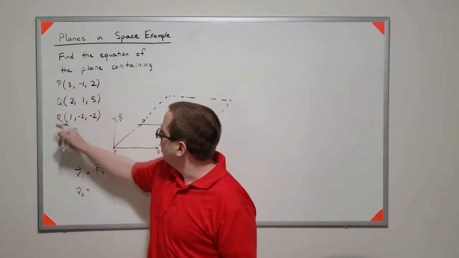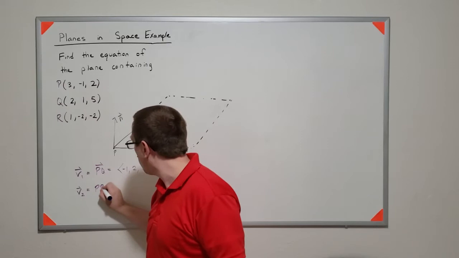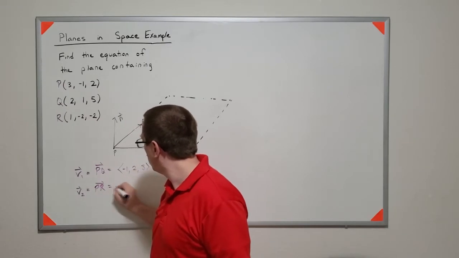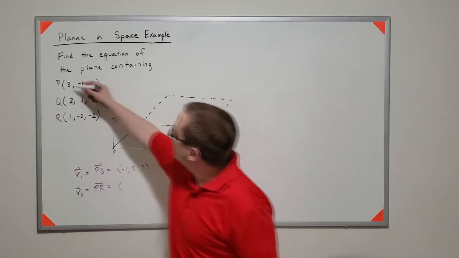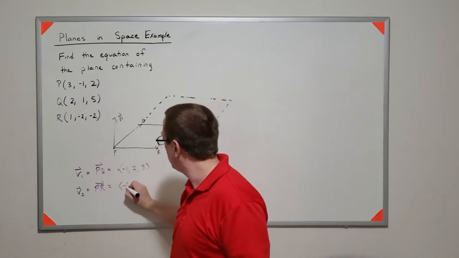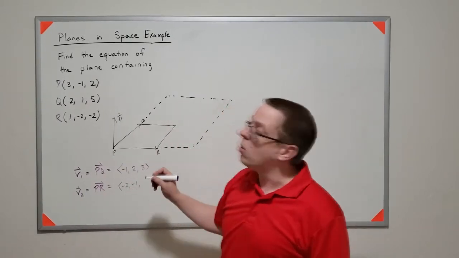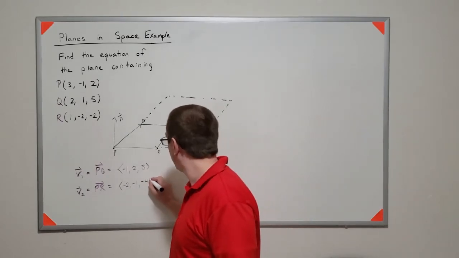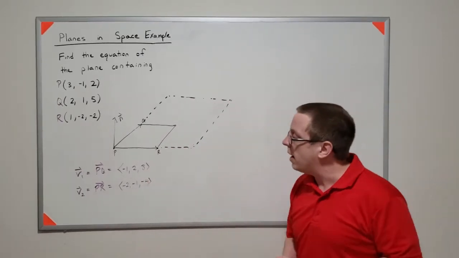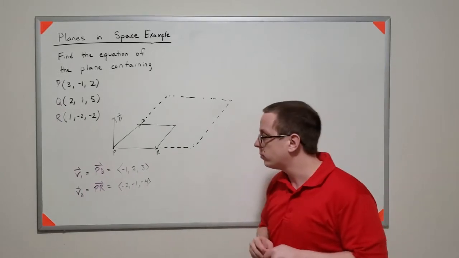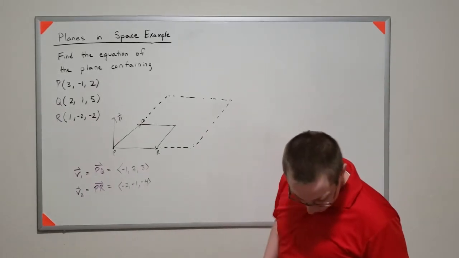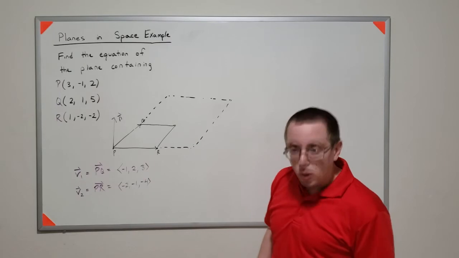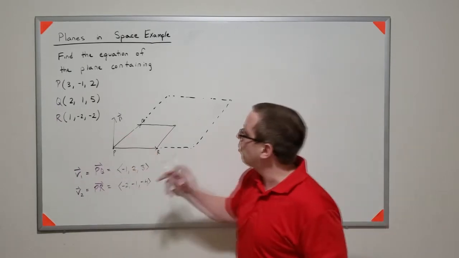And we'll do the directed line segment from P to R as -2, -1, and -4. So now we have 2 generating vectors. Once we have generating vectors, we can then find the normal vector.